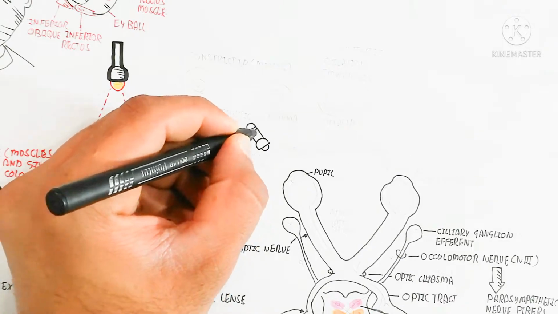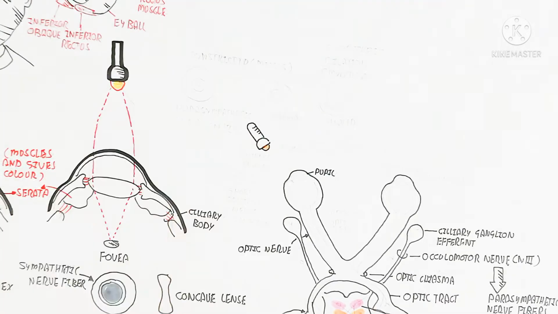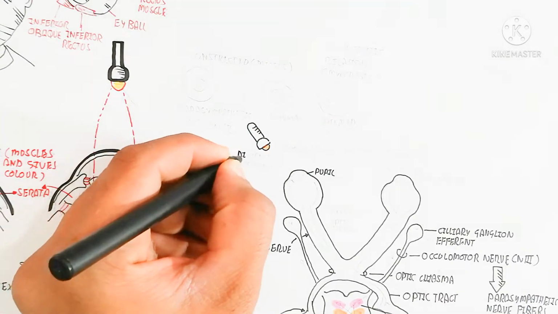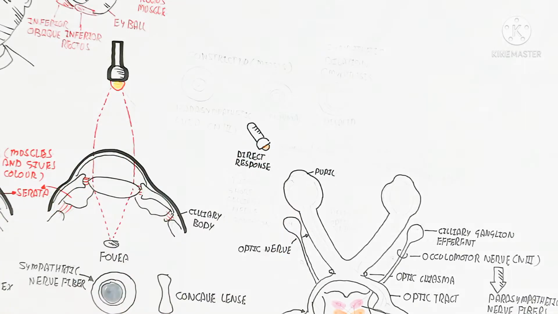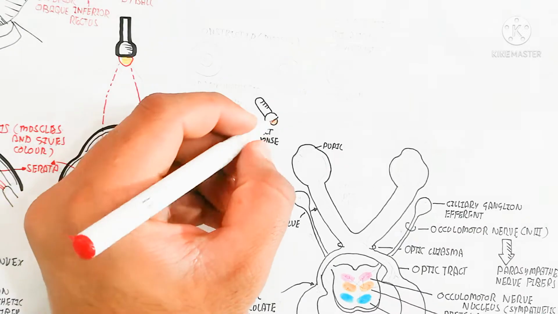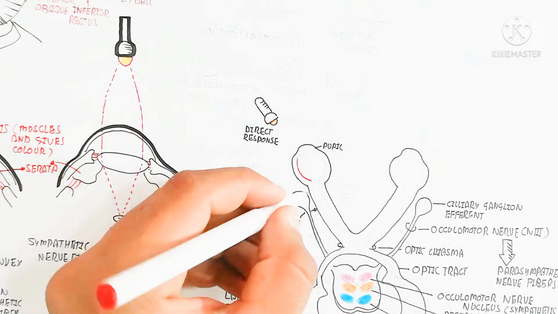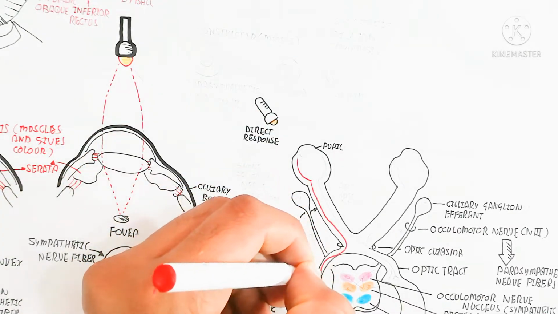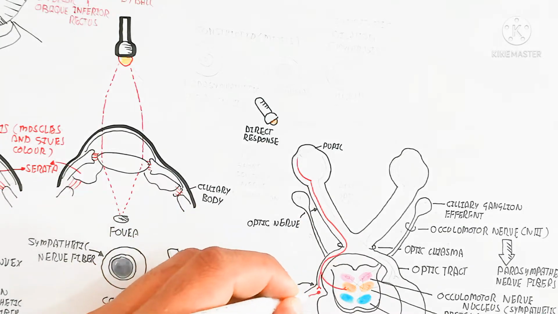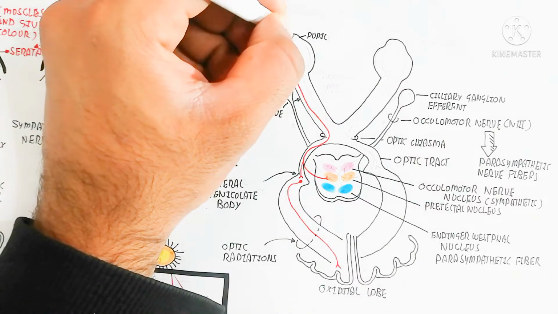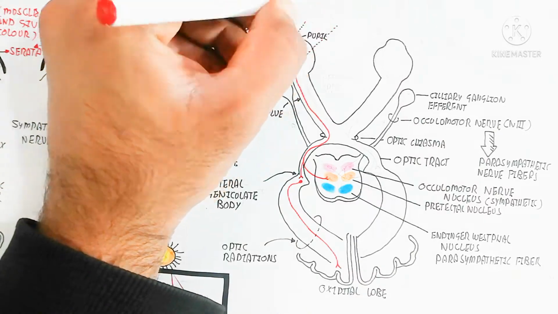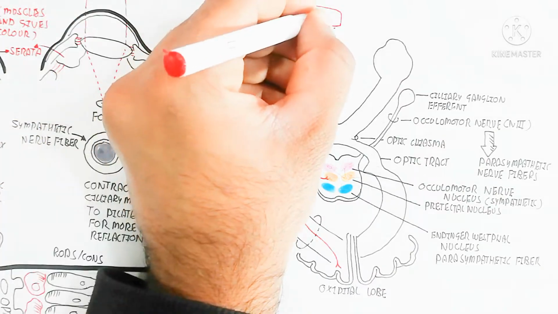So here, when light is reflected on one side, the direct response is when the light falls on one retina, while the other pupil will also constrict, but that is not direct, it is the consensual pathway. So here the optic nerve is afferent, and it interconnects with the lateral geniculate body and goes by optic radiation to the occipital lobe.